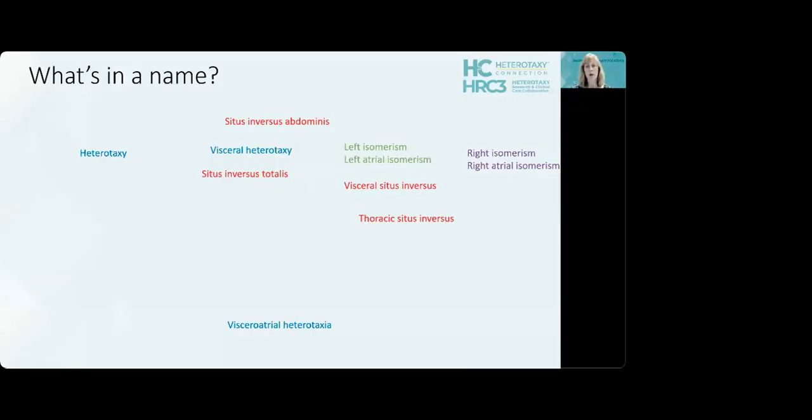And this is where, while they have developed to try to help us be more precise, I think we need to be very clear about the anatomy when we're talking with other individuals to make sure that we're on the same page. Then you get into the asplenia, polysplenia syndrome, Ivemark syndrome, other terminology that you see here.